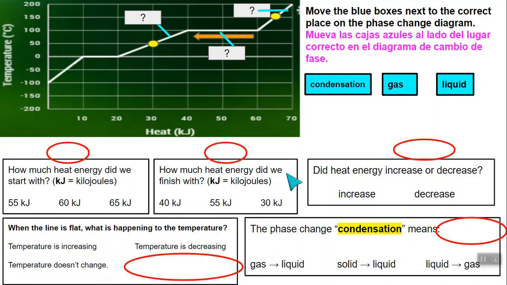Pausa el video para contestar esa pregunta. Okay, so now did heat energy increase or decrease? Ahora dígame, ¿la energía de calor aumentó o disminuyó? Push pause in the video to answer this question.